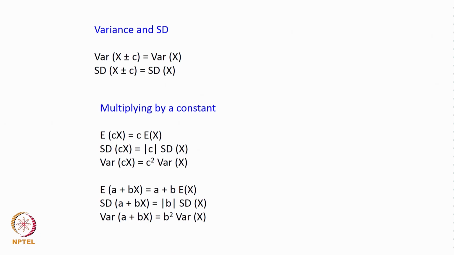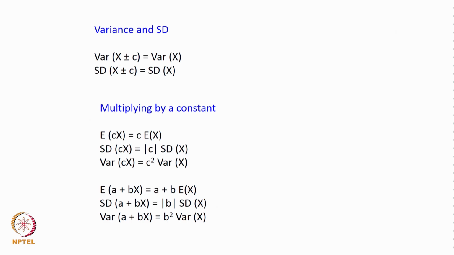Now, what happens when we have a combination of an addition and a multiplication? So, E of a plus bx is equal to a plus b times E of x. Now, that is a direct application of what we saw here and what we saw here. Standard deviation of a plus bx is equal to the absolute value of b.